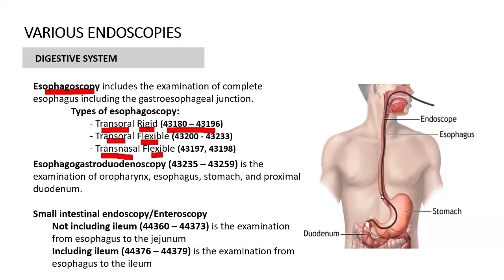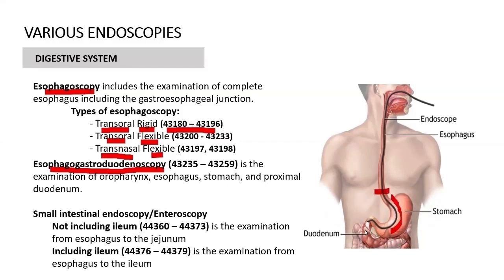If the endoscope is not stopped at esophagus, if it is passed further down into stomach, visualizing stomach and also first portion of duodenum, it would be called esophagogastroduodenoscopy or otherwise EGD.